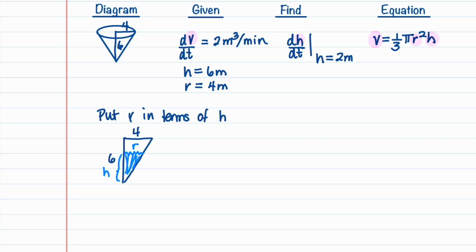We then have two similar triangles. Here's the first one, where we have radius 4, height 6. And then our second one, we have a radius and a height. They share common angles, so we can use similar triangles.